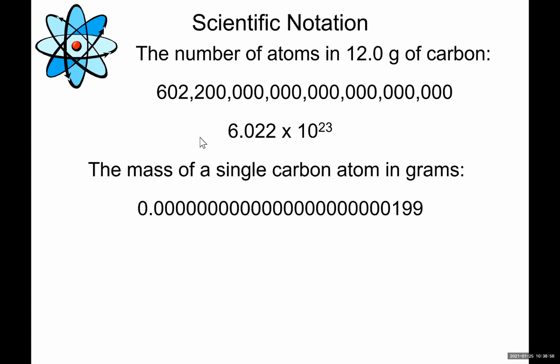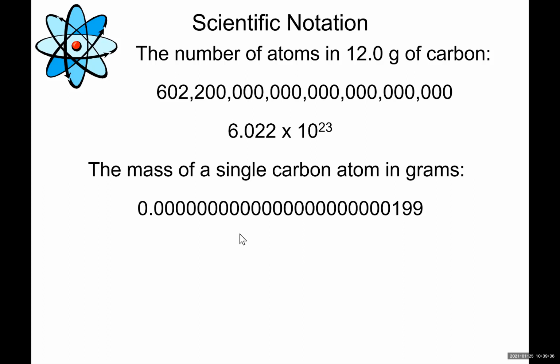Or suppose I ask you to calculate the mass of 1 atom of carbon-12. If 1 mole is 12 grams and there are this many atoms, all I have to do is divide the total mass by the number of atoms. That means you have to divide 12.0 grams by this huge number, and you're going to get a really, really small number. That's the mass of 1 atom of carbon-12, and it's in grams.